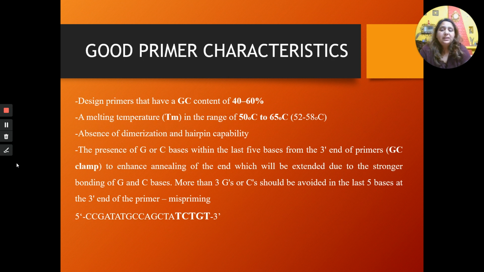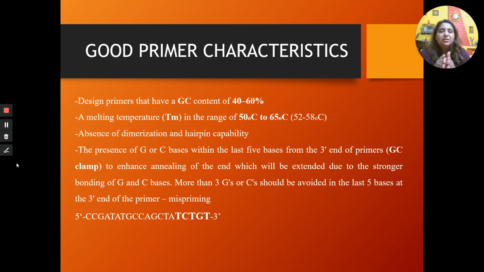Now, what are the characteristics of a good primer? There are several characteristics of a good primer, and we will be discussing them one by one. Generally, a good primer must have a GC content between 40 to 60%. That means if you count all the G's and all the C's in the sequence of a primer, they should be 40 to 60%. The reason is that G as well as C form triple hydrogen bonds.